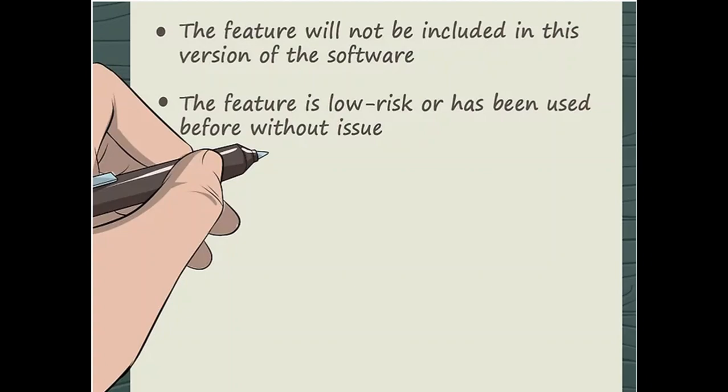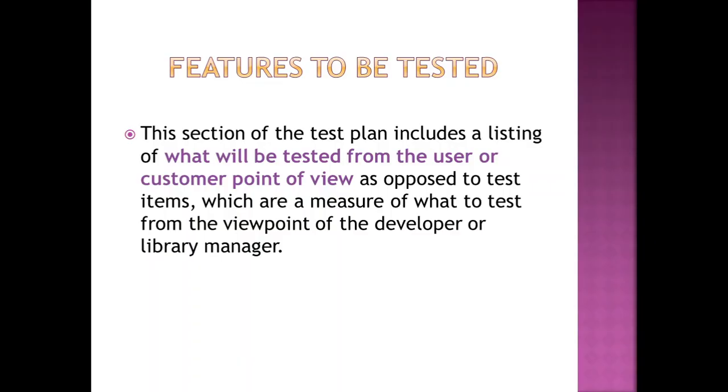Then a very important section of this test plan would be your in scope and out of scope, I would say, or the features to be tested and features not to be tested. For features to be tested, you're going to jot down all the features that you're going to compulsorily include in your testing, or I should say the high risk features are to be included in this section of your test plan.